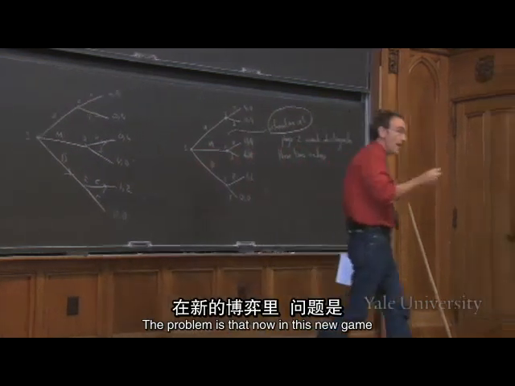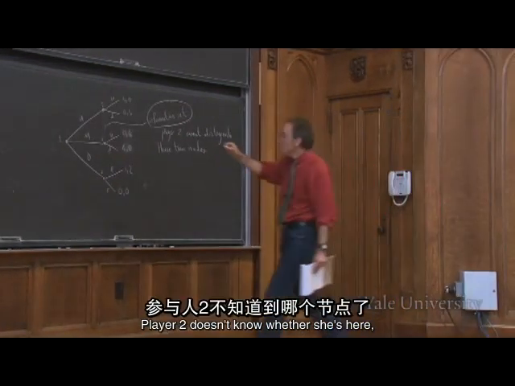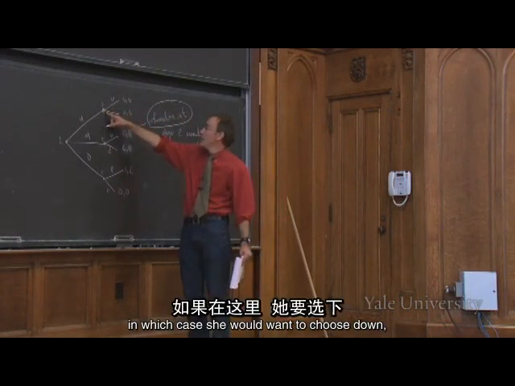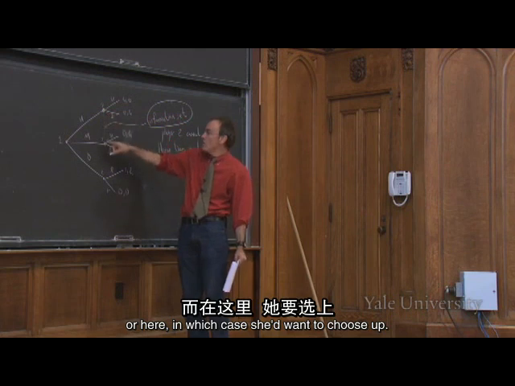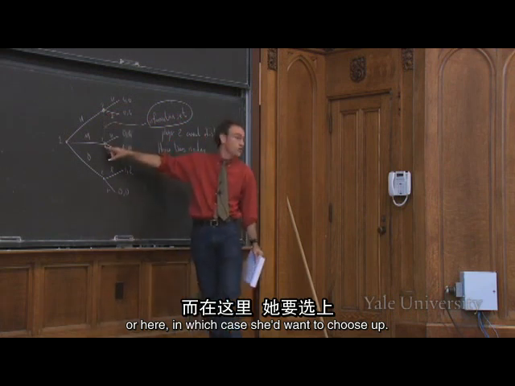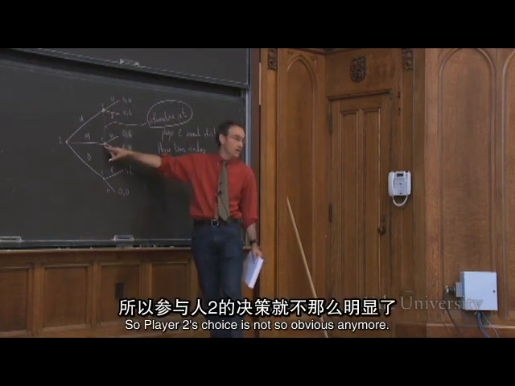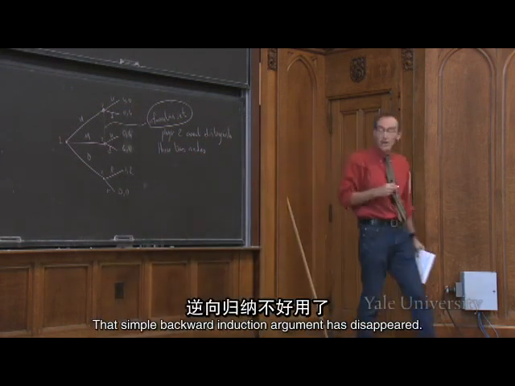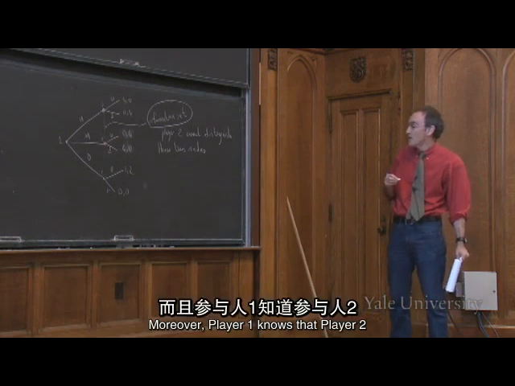The problem is that now in this new game, player 2 doesn't know whether she's here, in which case she would want to choose down, or here, in which case she'd want to choose up. So player 2's choice is not so obvious anymore. That simple backward induction argument has disappeared.